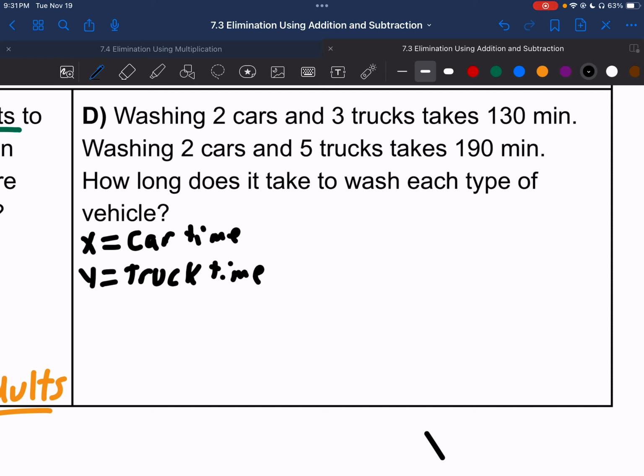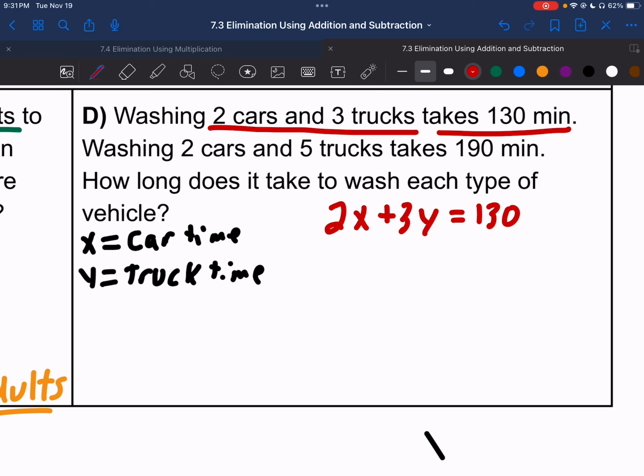All right, so our first equation, 2 cars and 3 trucks. 2x plus 3y takes 130 minutes, equals 130. Our second equation, 2 cars and 5 trucks, 2x plus 5y is 190 minutes.